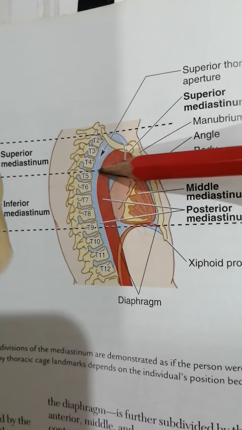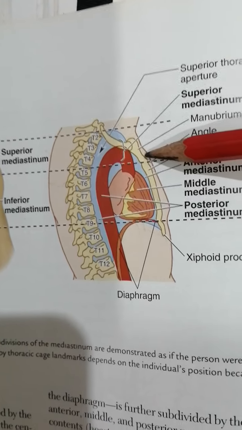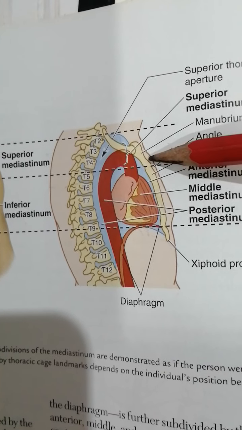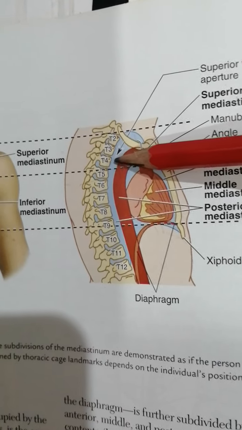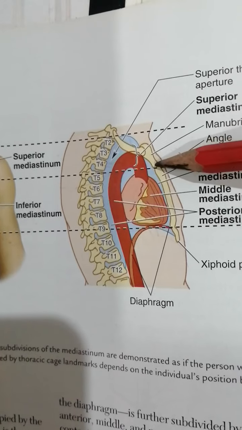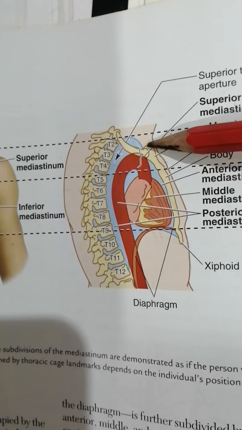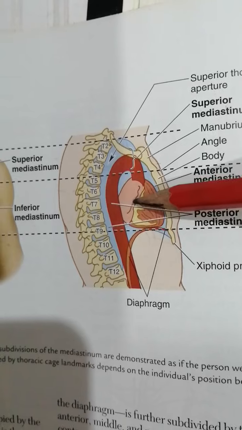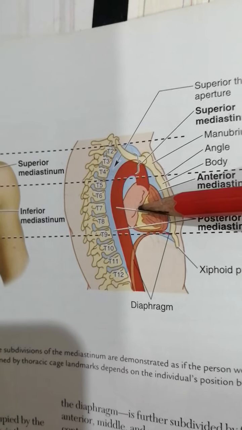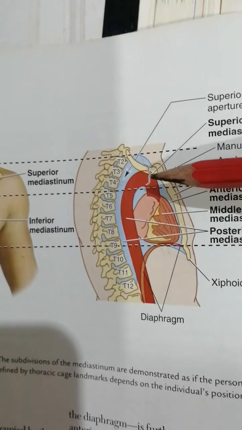In between them, this imaginary line is sometimes referred to as the transverse thoracic plane. The mediastinal content present above this line is the superior mediastinum, and below is the inferior mediastinum.